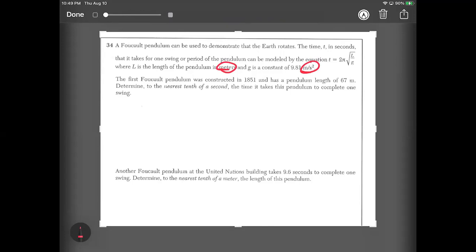And so what they're saying is if the pendulum has a length of 67 meters, determine to the nearest tenth of a second the time it takes.